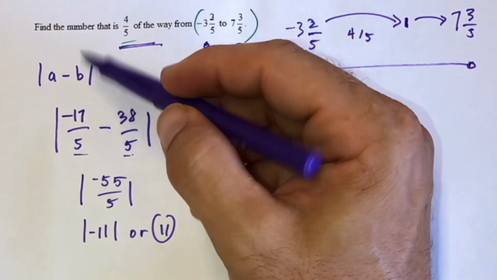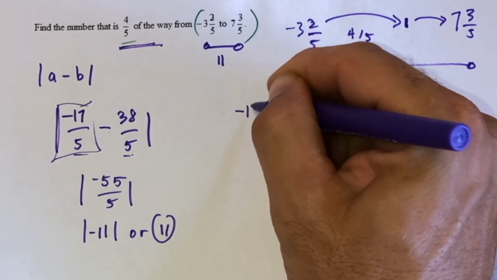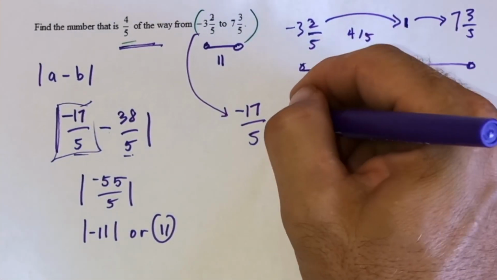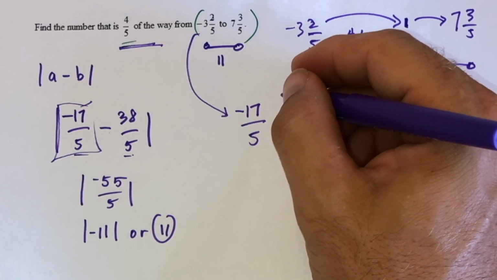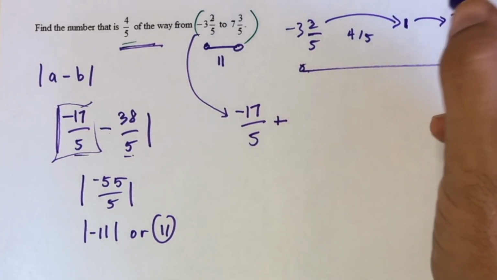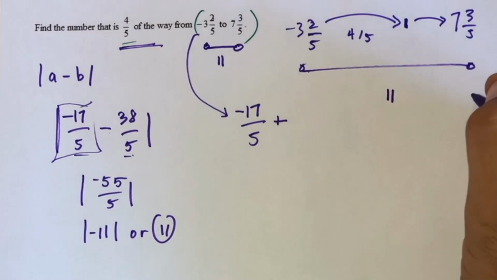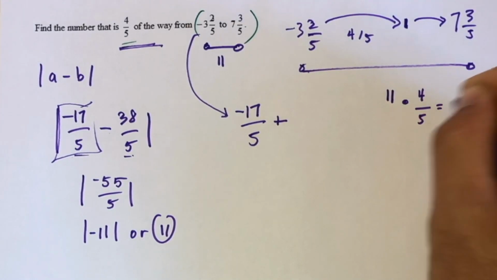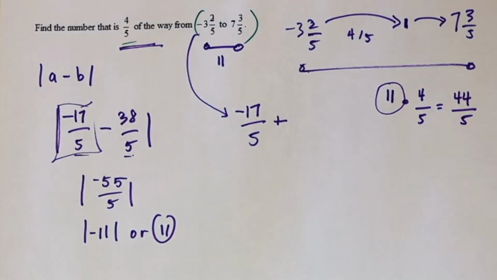So basically all I'm going to do, like I did in the other question, I'm going to use that initial point of negative 17 over 5, which is this here, and I'm going to add 4/5 of the way. So if I know the distance is 11, I want to go 4/5 of that. Then I want to go 44/5 of that total 11 here.